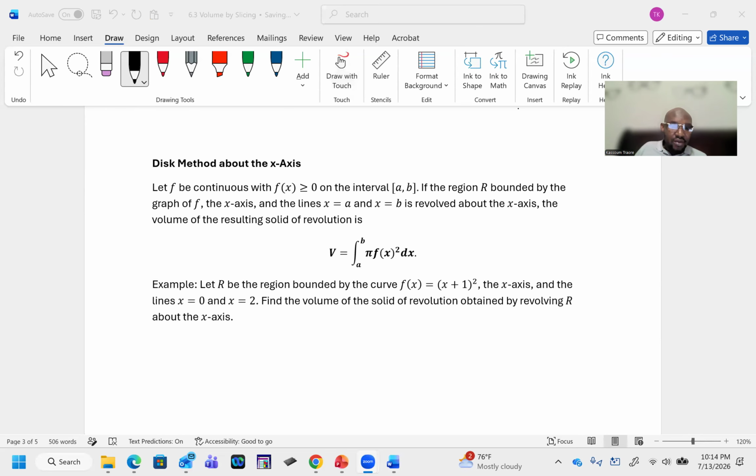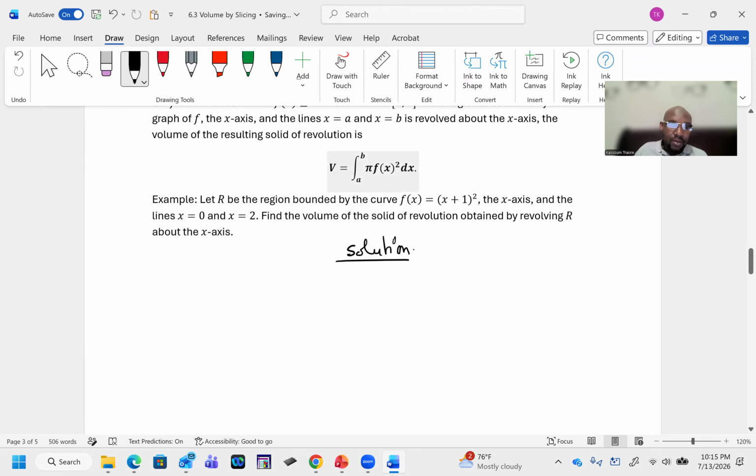So again, by graphing this f of x, you don't need to sketch, but this is the explanation, so please bear with me.